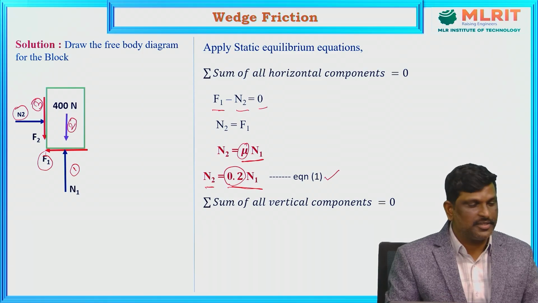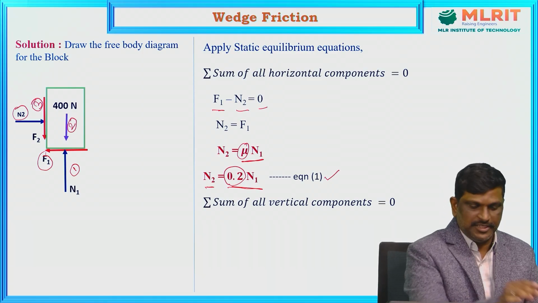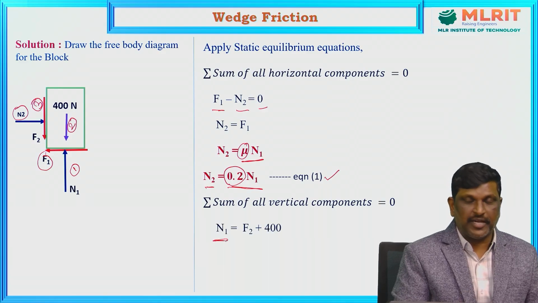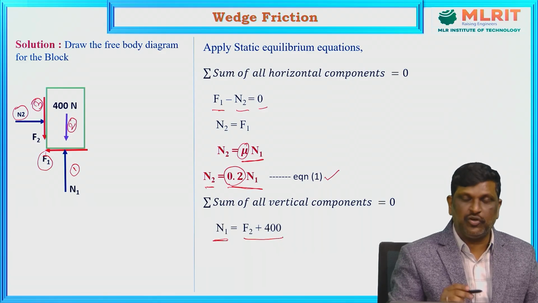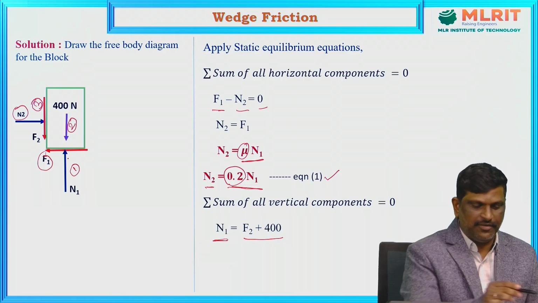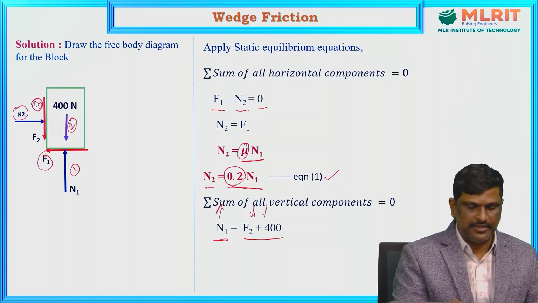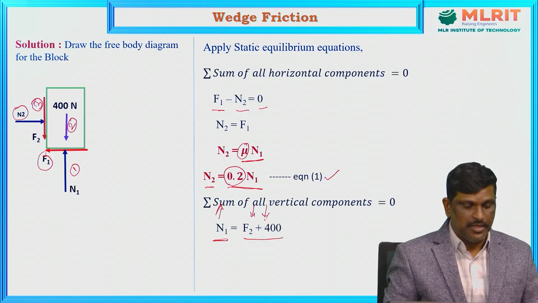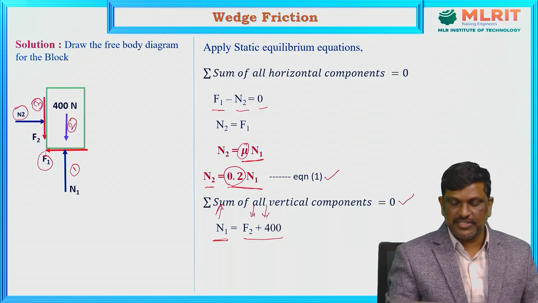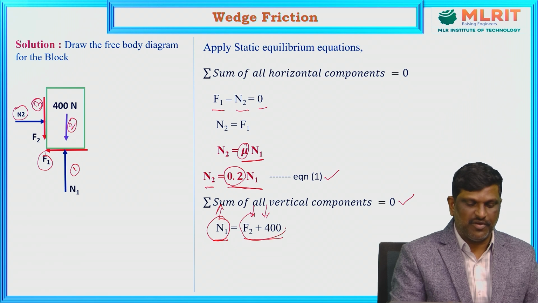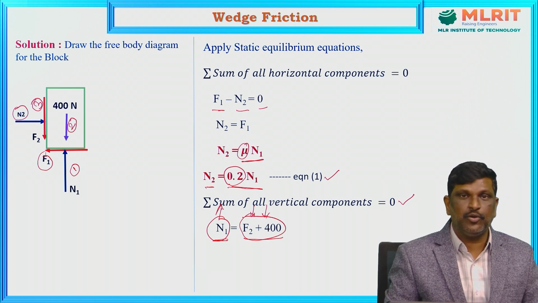We'll get a wrong answer. This is very important. Out of three vertical forces, one is acting upward and two forces are acting downward. Sum of all upward forces is equal to sum of all downward forces. Then only the body will be in equilibrium.